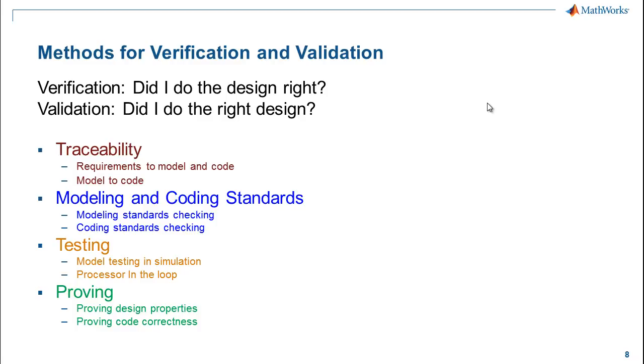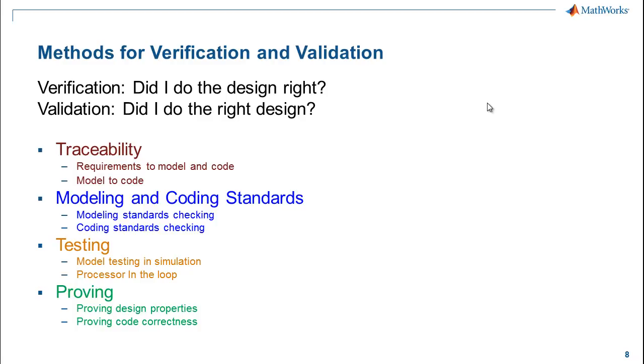If I execute those inputs against my model or my code, and then the outputs of the model or the code meet the expected outputs based on my requirements, what I have really shown in that scenario is that for that one specific set of inputs, my model or my code is behaving according to my requirements. Proving is about answering the question, how do I show that my model or my code will always exhibit the desired behavior regardless of the inputs that it gets?